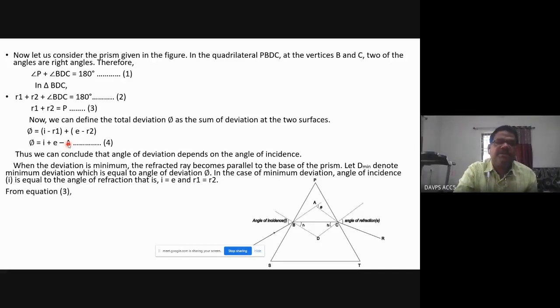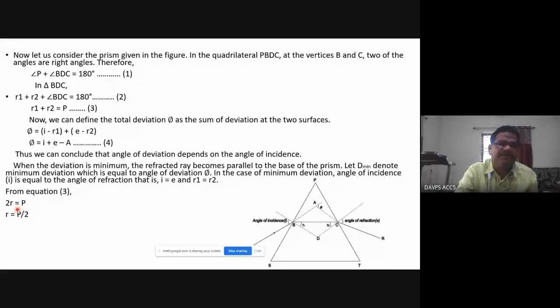Next, from equation 3, what you are getting: if for minimum deviation R1 equal to R2, then P will be considered as 2R, P equal to 2R. And again, R equal to P by 2.